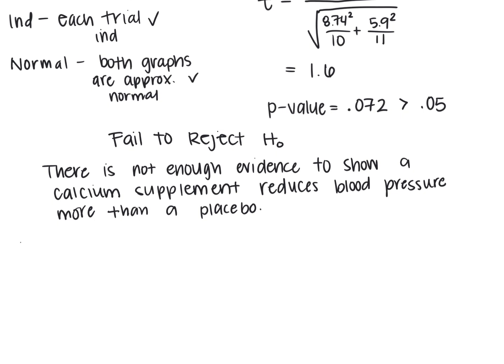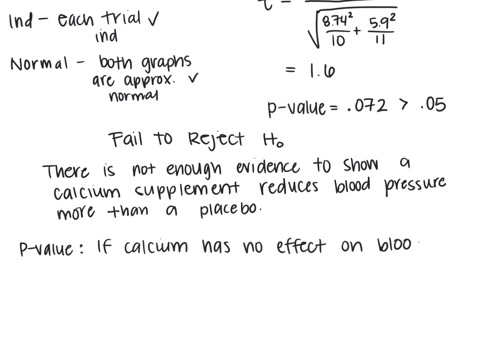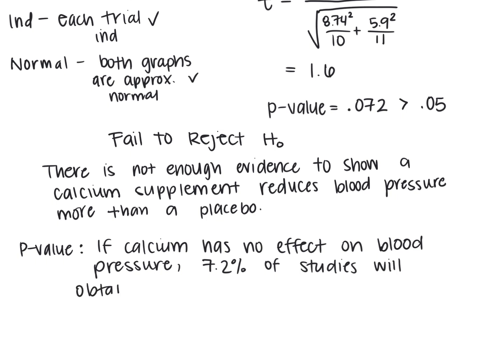So if I'm interpreting my p-value, that tells me if calcium has no effect on blood pressure, because it is based on your null hypothesis, then we would say 7.2%, because we can convert it to a percent, of studies will obtain this result or more, because it's always in the direction of your alternative hypothesis, which in this case is greater than, because of random error.